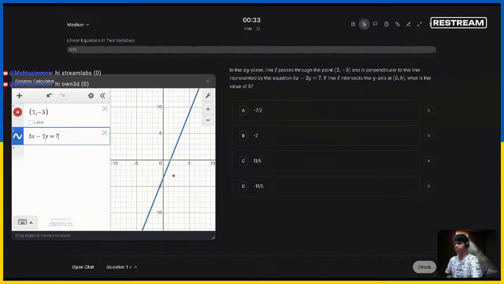L intersects the y-axis at (0, b). Okay, we don't really know what that b is. What is the value of b? Oh, look at that.